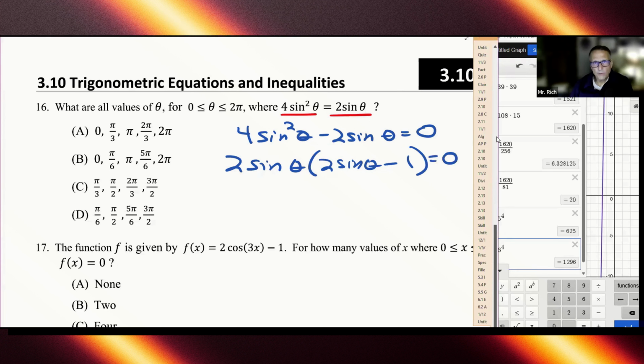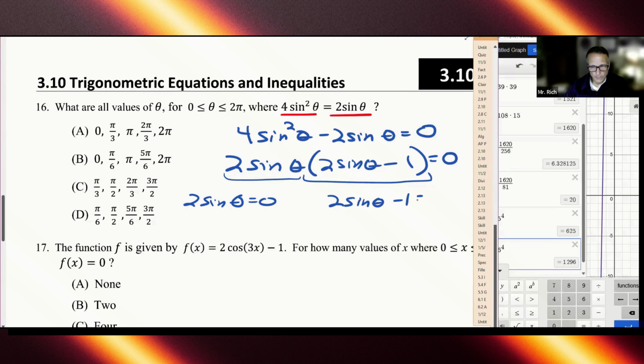Well, this is where the zero product property comes in, that I got two things. I got that thing times this thing, which means the only way that equation could possibly be true is if one of those two things that are being multiplied is itself 0. So that allows me to say the solutions are found by setting the first thing equal to 0 and setting the second factor equal to 0.